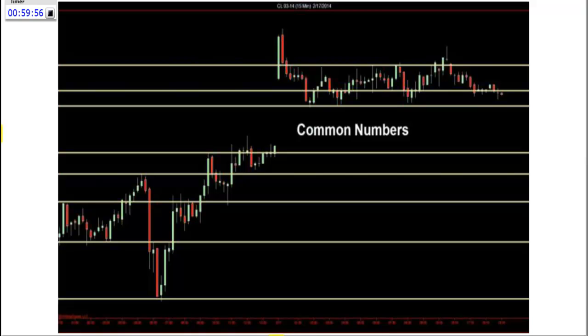A lot of markets do exhibit sensitivity to common numbers. If any of you have ever traded the 30-year bond, that's a market that is especially sensitive to certain price levels. Bond traders live their lives by a quarter point. So that means that the bonds are going to be particularly sensitive at the 00 and the 16, which is the halfway point.